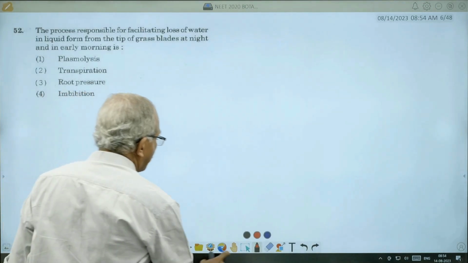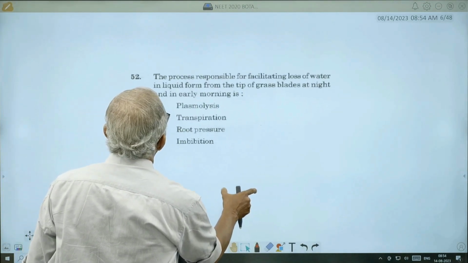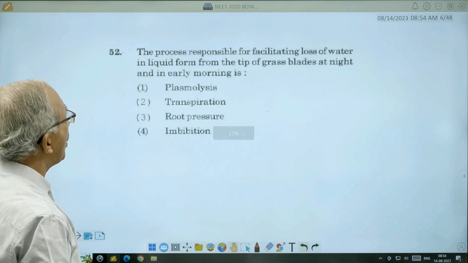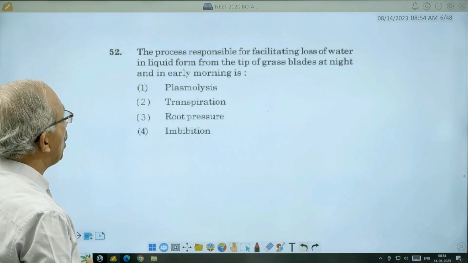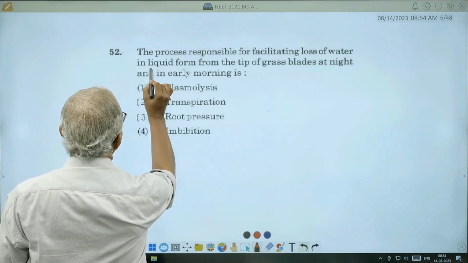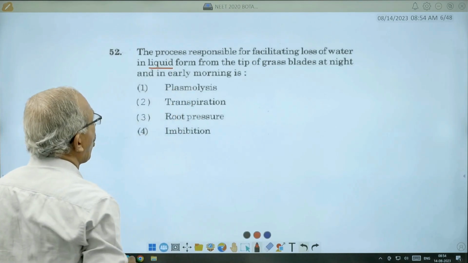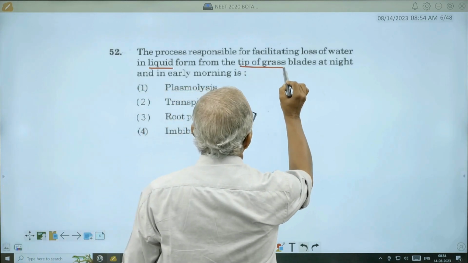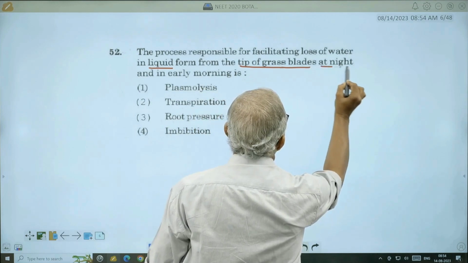Next, the process responsible for facilitating loss of water in liquid form from the tip of grass blades at night.